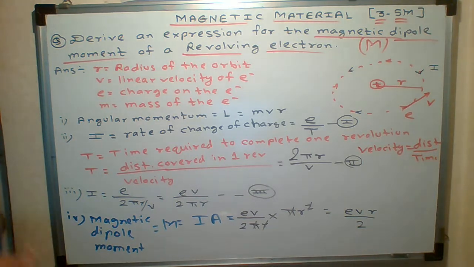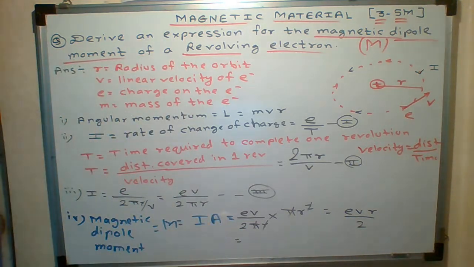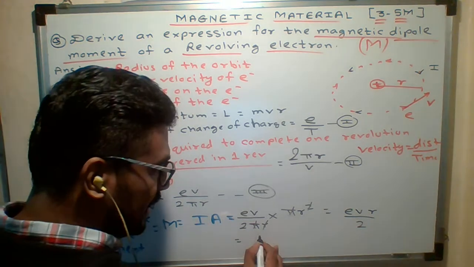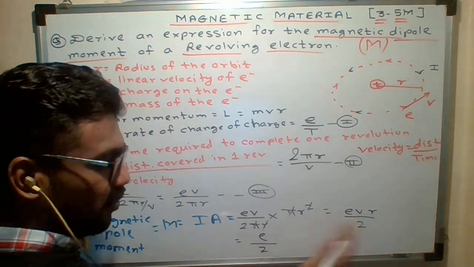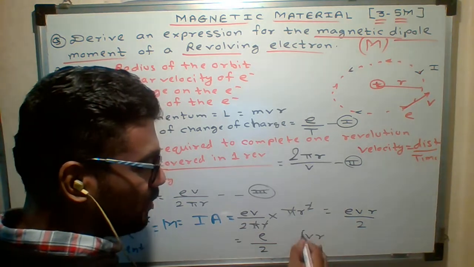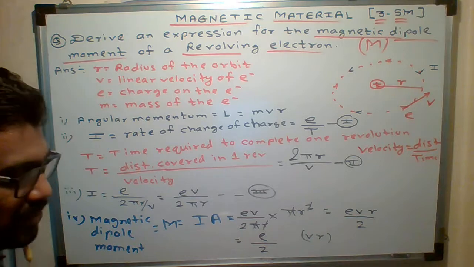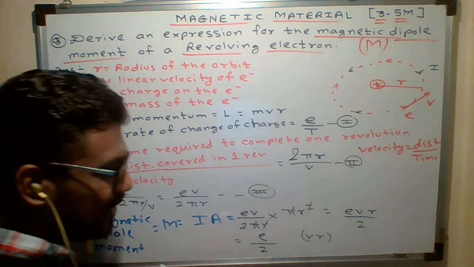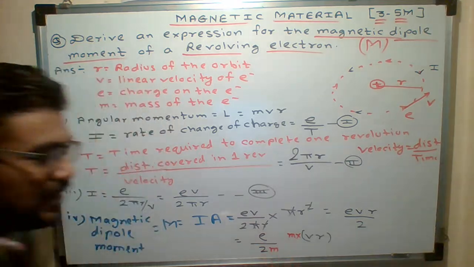But students, one more step of mathematics I am going to do here, because in the syllabus they have done it like this. They keep E upon 2 as it is, then VR they have kept separately. What they have done is multiply and divide by m.